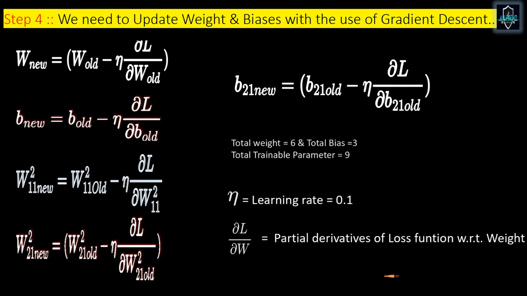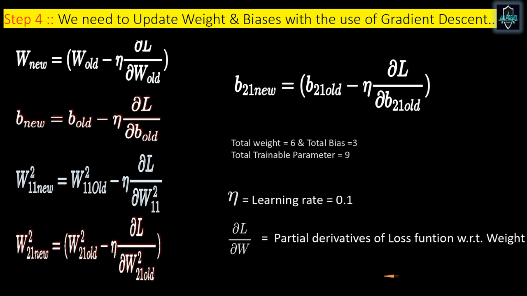Now as we have calculated the error, what we have to do is go backward, in the reverse direction in our neural network, and we need updation, some kind of changes to the weights and biases to get higher accuracy, right? And how that updation will take place: by using this formula it will happen.